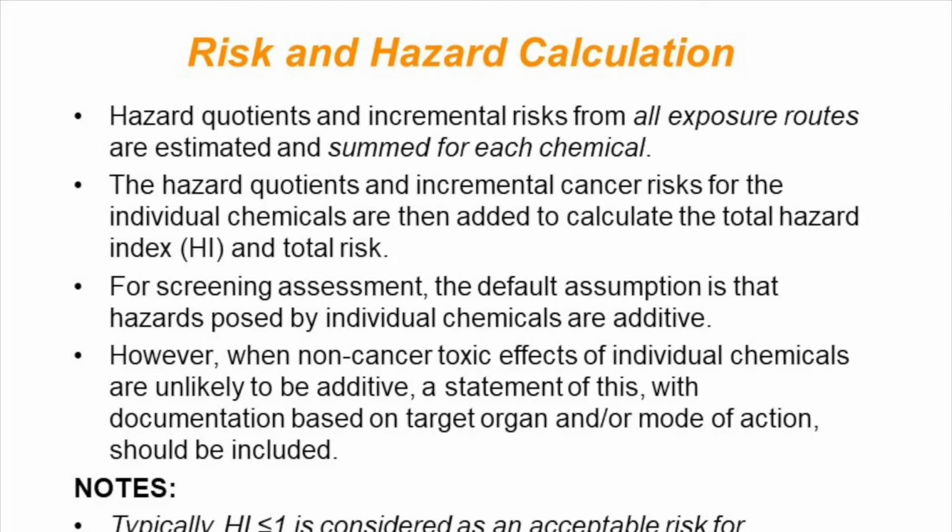Typically, a hazard index less than 1 is considered an acceptable risk for chemicals associated with non-cancer health risks. And for cancer risks, historically EPA considers cancer risks ranging from 10 to the minus 4 to 10 to the minus 6 to be acceptable.